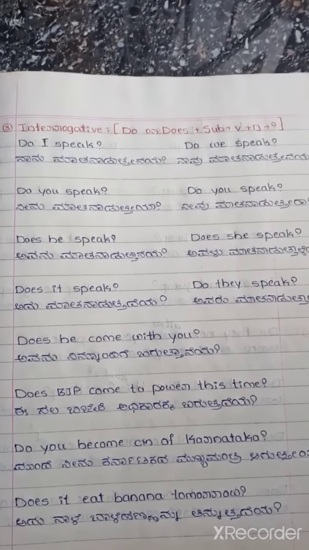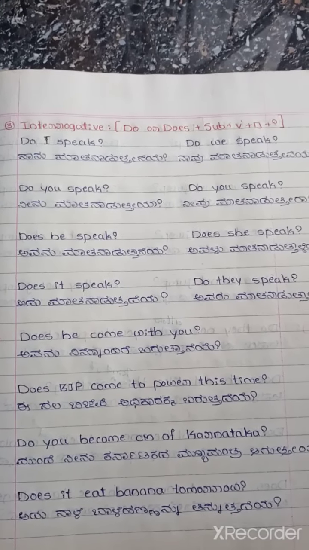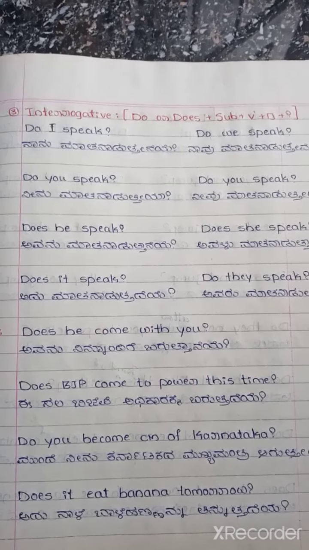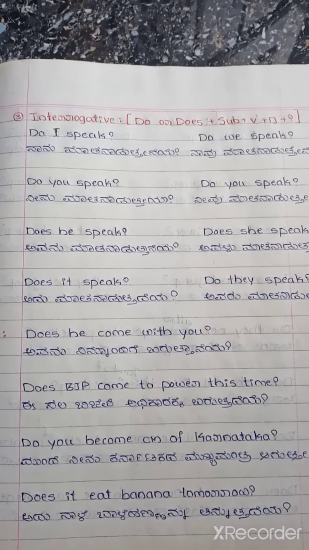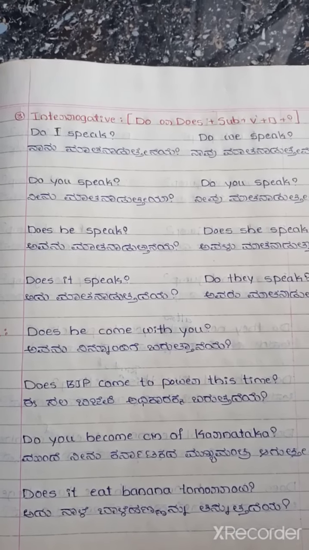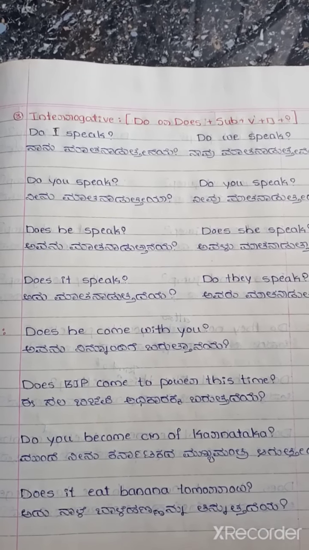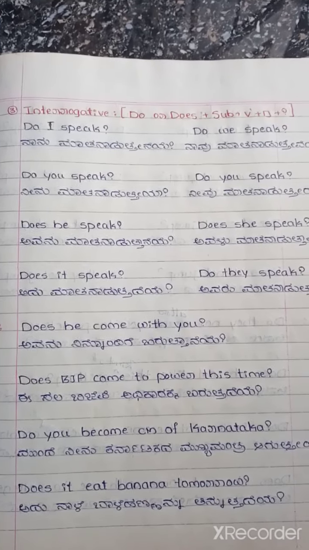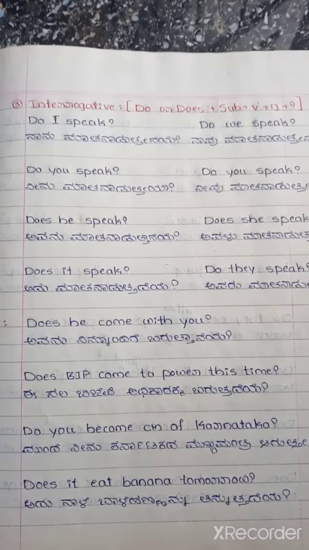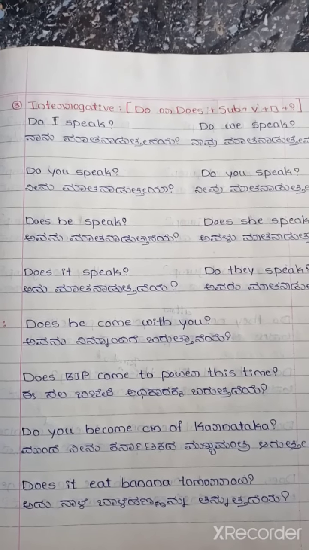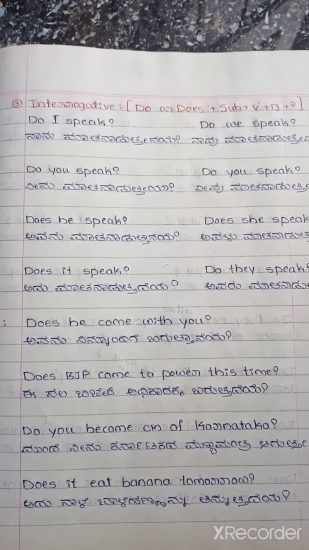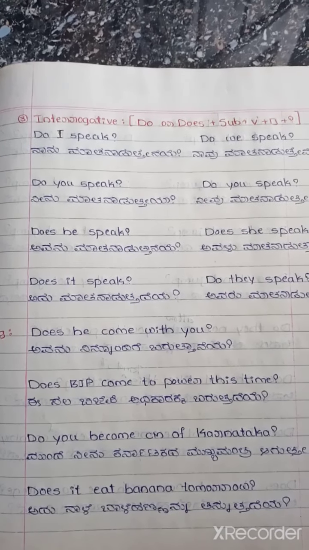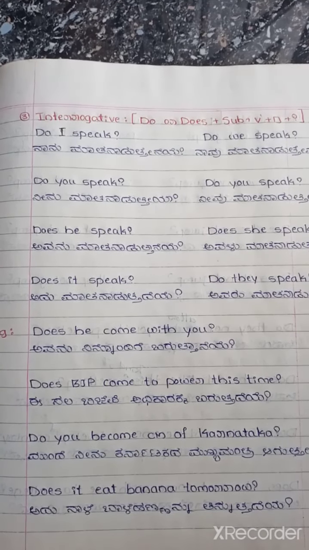So far, we discussed positive and negative sentences in simple present tense. We are supposed to discuss some other kinds of sentences in this simple present tense. I am going a little slow and being very simple while discussing this topic because the topic is very important, and some students may ask why I am going very deep in this topic, because most of the topics in English grammar are dependent on this major chapter.